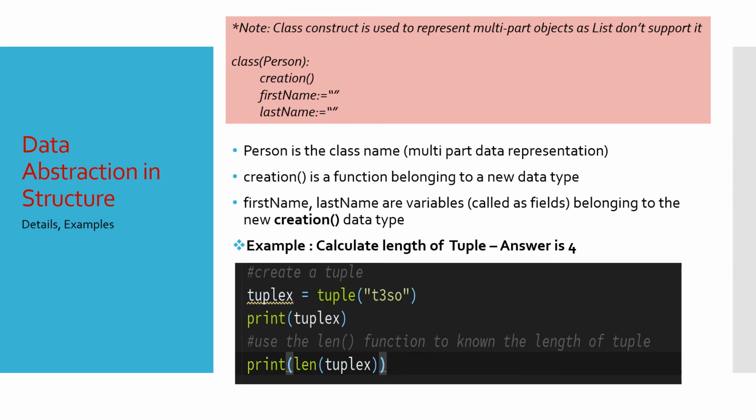You're printing it, and after you print it, it prints the tuple. You can try it out in your lab. But now when you use a length function to know the length of a tuple, and when you print that length, you will find the answer is 4, because it has calculated the length as 4.